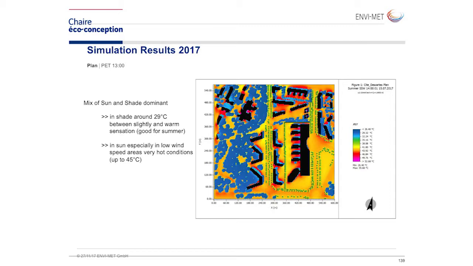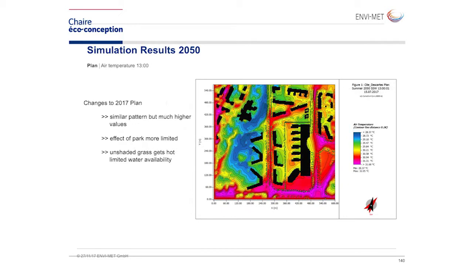But in the sun areas, especially where the sun comes together with areas with low wind speeds, you see it's going easily up to 45 degrees or even higher. These are areas which are pretty uncomfortable. Especially in the northern parts of the newly built campus, you see that there are quite hot areas that can establish. Okay, next slide.